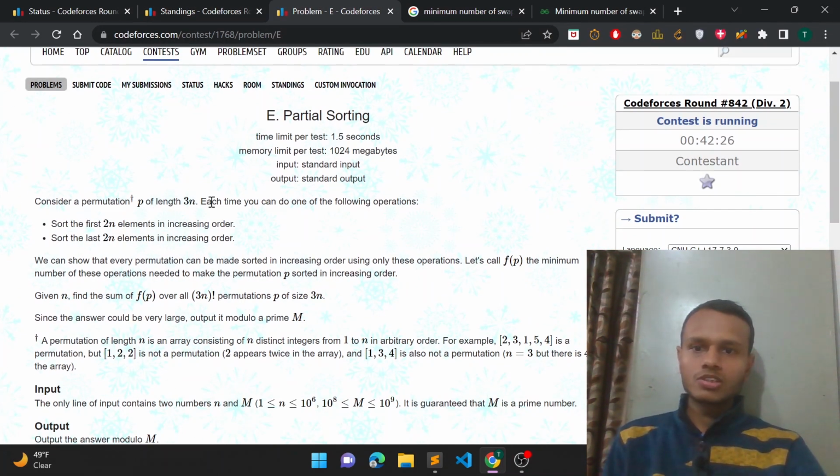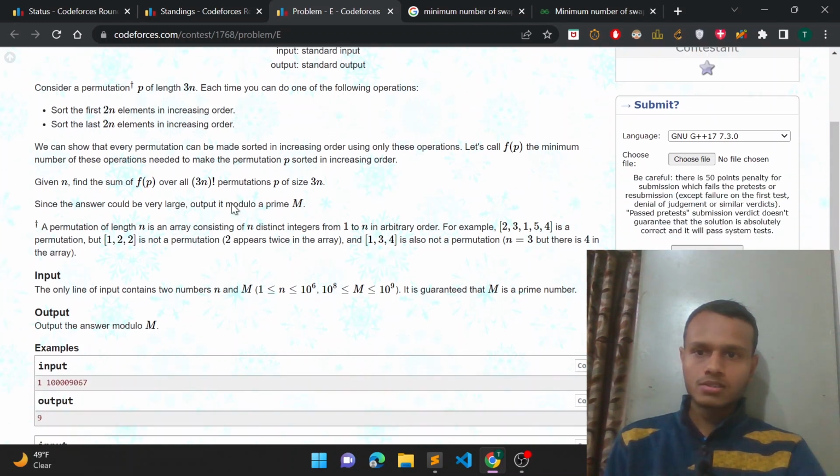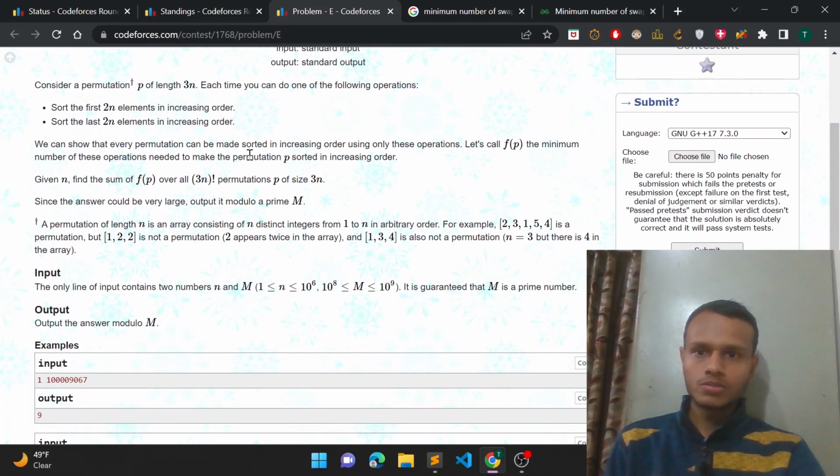Consider a permutation P of length 3n. Each time you can do one of the following operations. Sort the first 2n elements in increasing order, or the last 2n elements. We can show that every permutation can be made sorted using these. Okay. Let's call fp the minimum number of operations needed to make the permutation P sorted in increasing order.